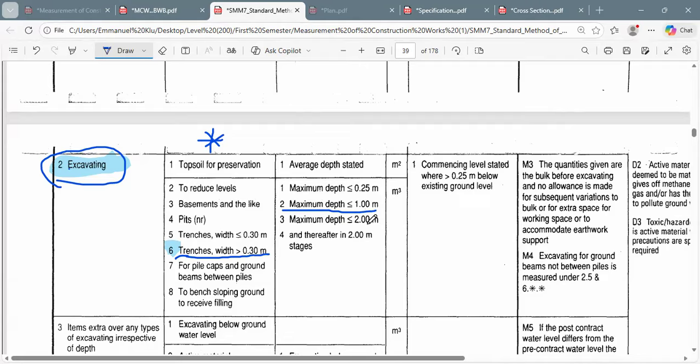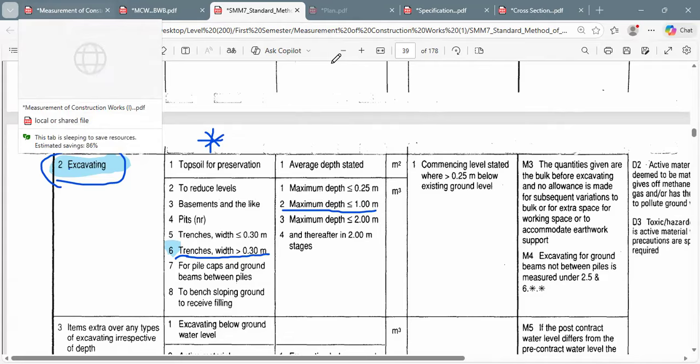But less than or equal to 1.00 meter. That is the depth. So let's go and write it and see how.